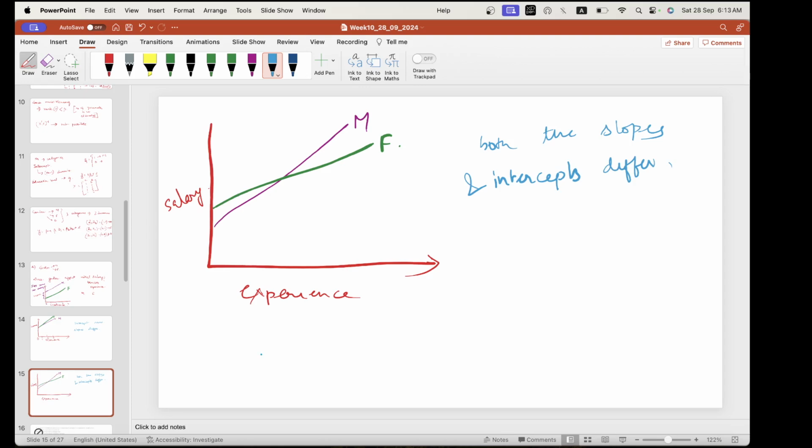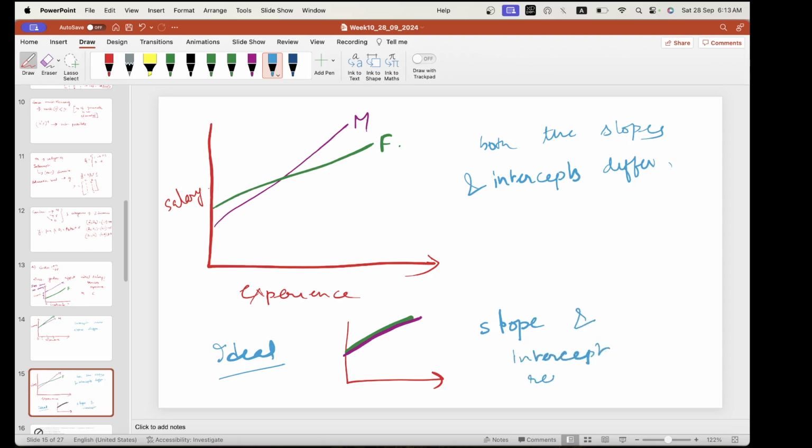And the ideal situation would have been that this is the female graph and this is the male graph, and both are the same. So in this case, this is the ideal situation where both slope and intercept remain the same.